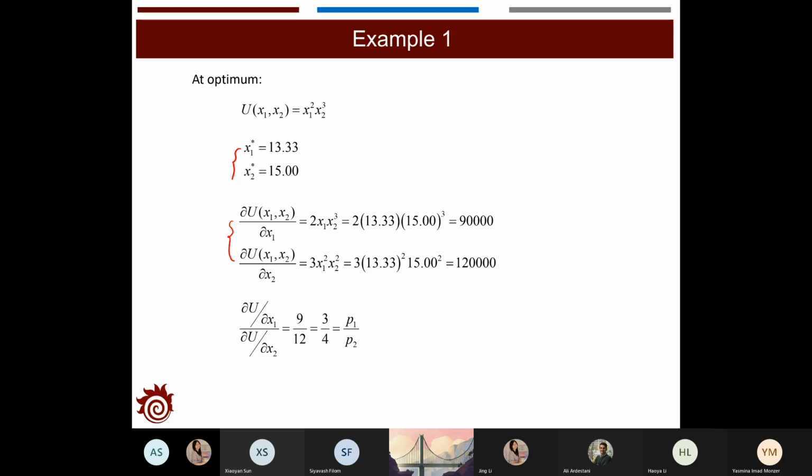If you check the ratio of these two values, you get 9 divided by 12, which is 3/4. And this is exactly the same as P1 divided by P2. So this actually verifies our previous assumptions about the marginal rate of substitution. It's actually the same as the ratio of the first order partial derivatives.